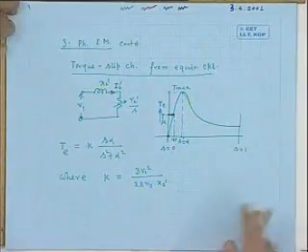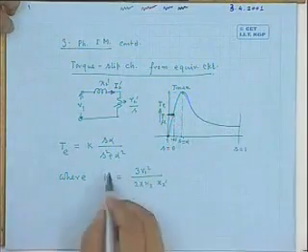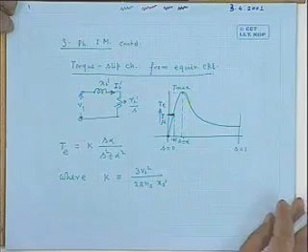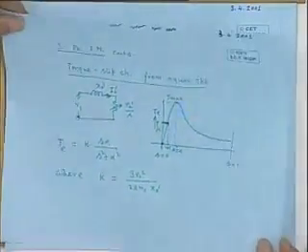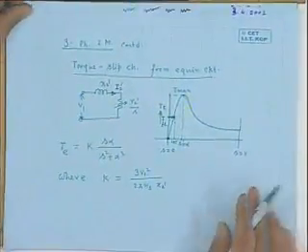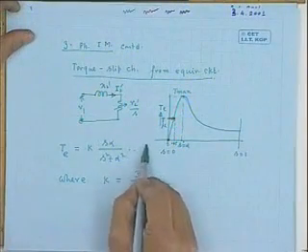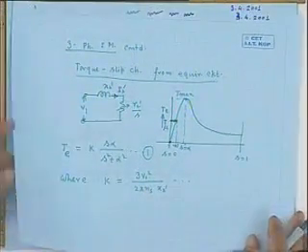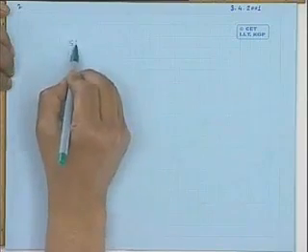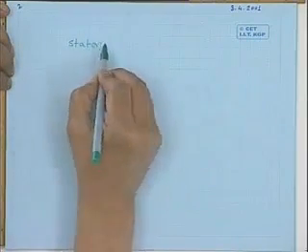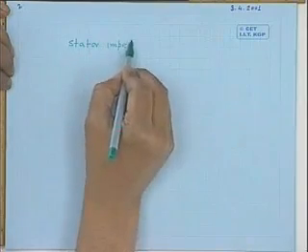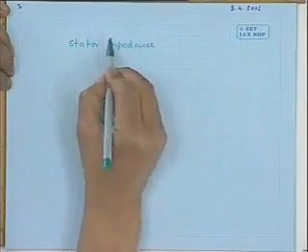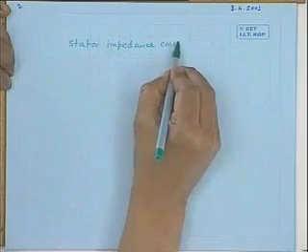Okay. Now in this derivation we have neglected the stator impedance. Suppose we want to refine this equation a little bit. Although this equation is quite handy in explaining the very basic things of induction motors, we still derive the equation with the stator impedance considered.